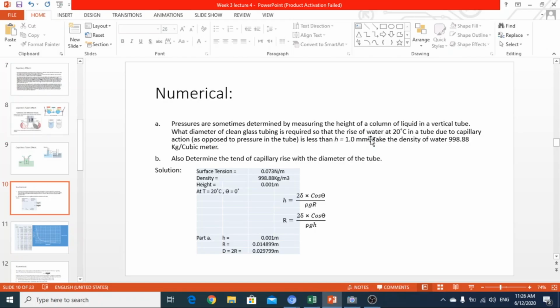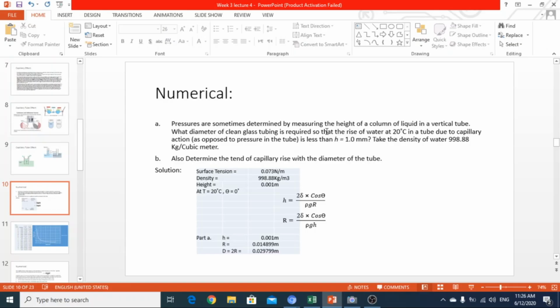Then we have a numerical, and it's a very simple numerical. Pressure is sometimes determined by height, like in a barometer, where the column height represents the atmospheric pressure for that particular surrounding.